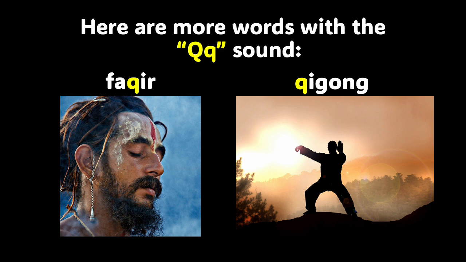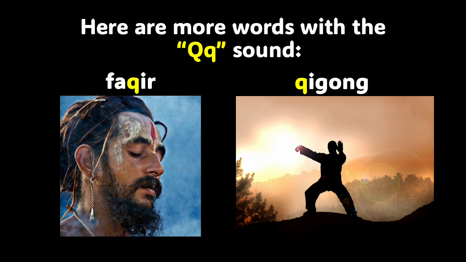All right, wonderful children. This is our last slide before we get a little pronunciation practice and do a comprehension activity. These words that you see on the screen have been borrowed from other languages. The first word, F-A-Q-I-R, is pronounced fakir. Fakir, it is from Arabic.